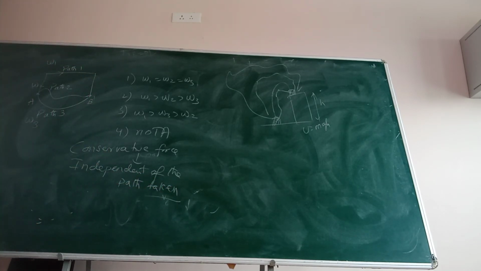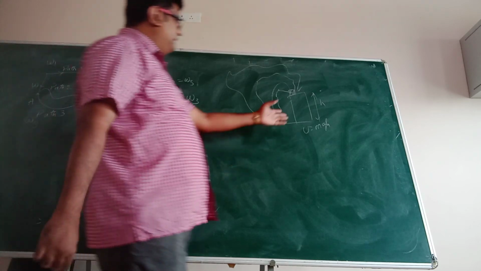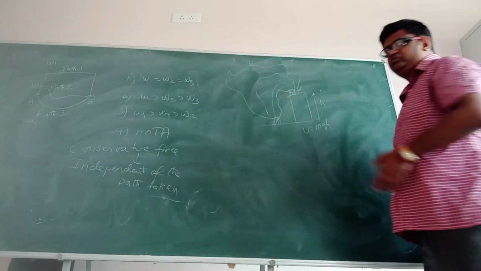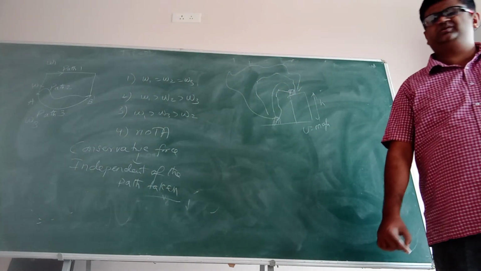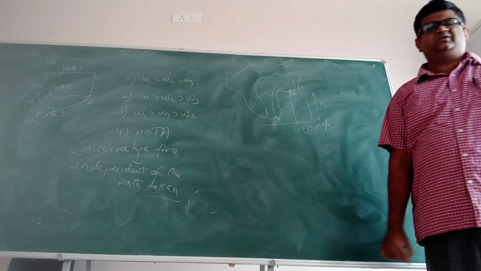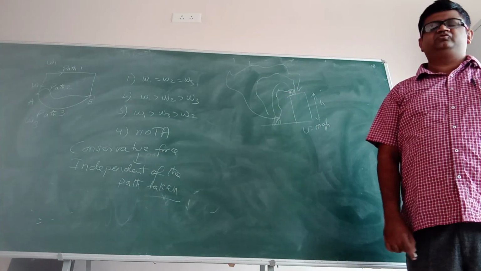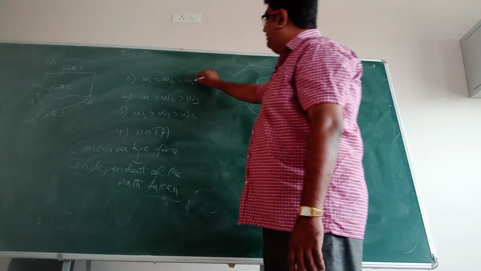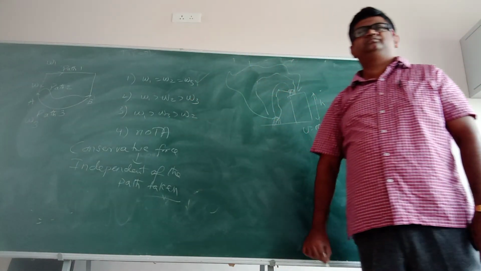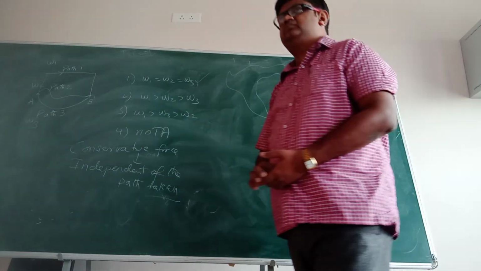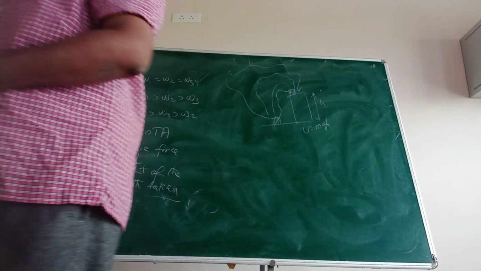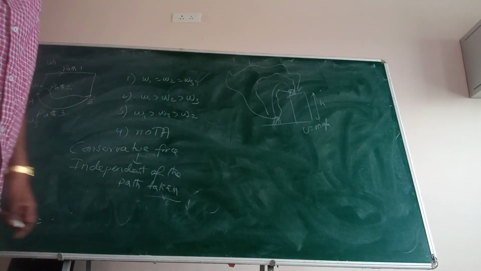Gravitational force is a conservative force. When you are putting mgh, is it not gravitational force only? Yes, mg is the gravitational force. So work done is mgh, and it is not dependent upon the path. So all three works will be the same. Option 1 is the right answer. So this concept they have tested in this question.